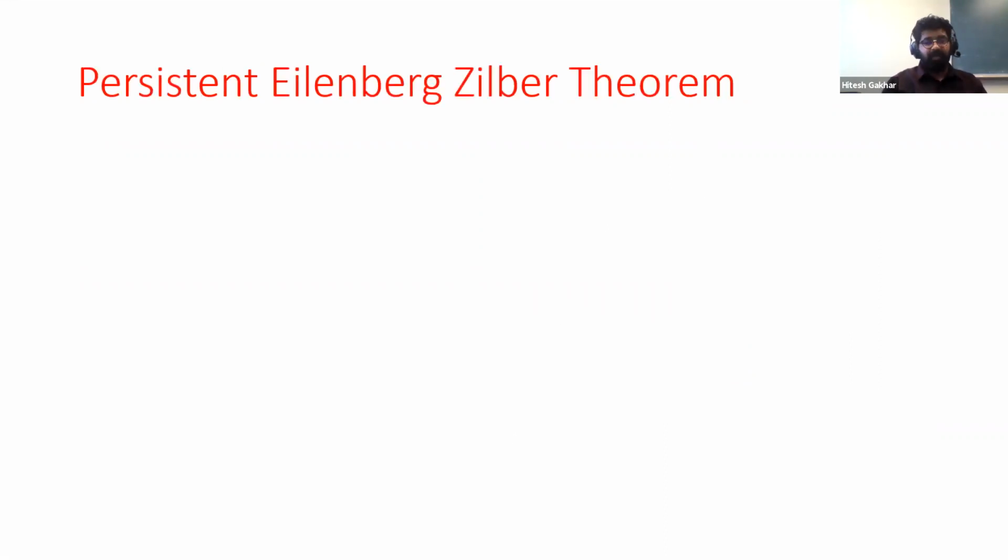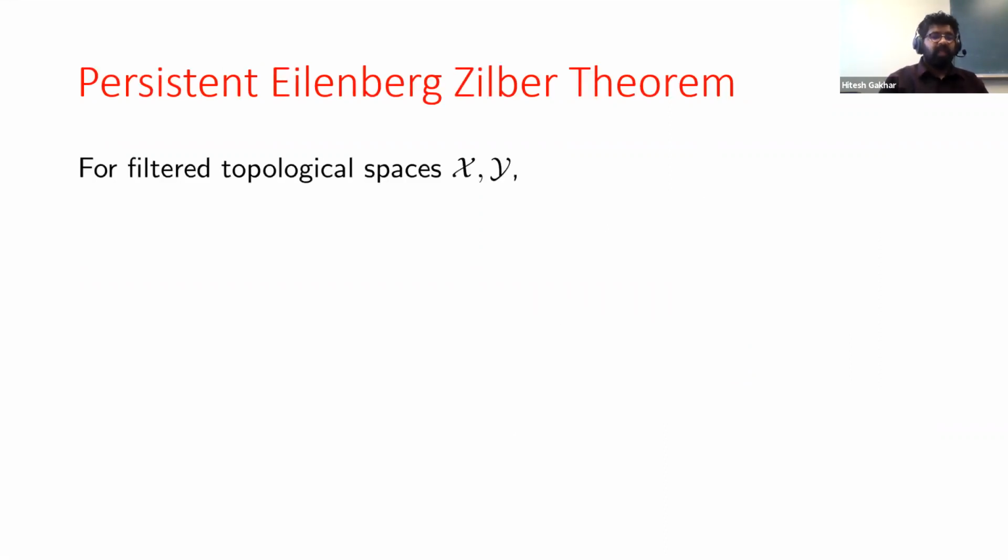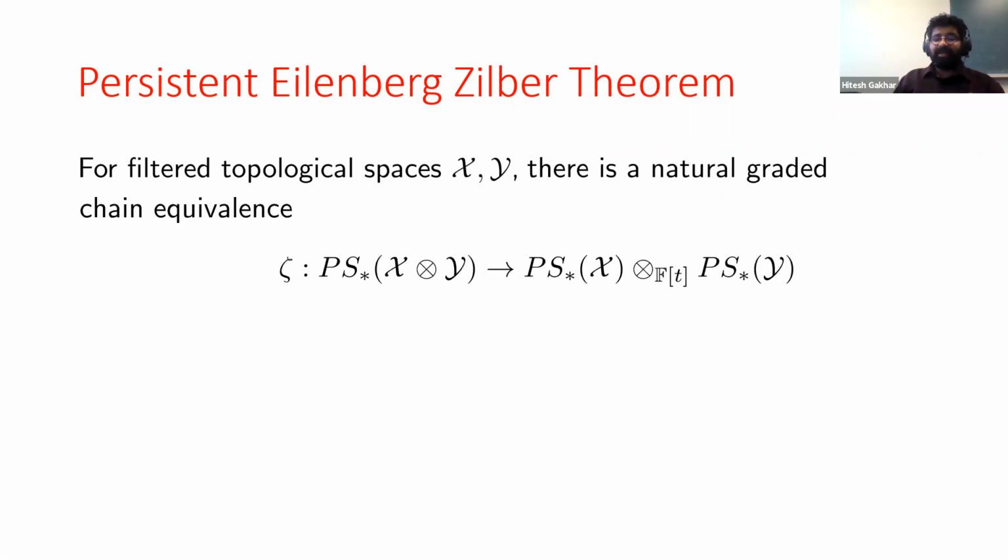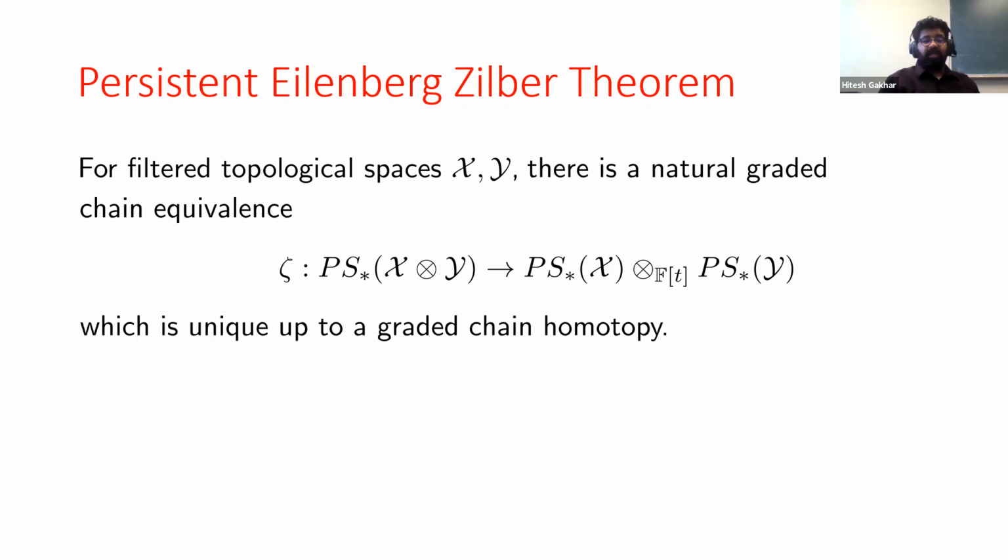We wrote an Eilenberg-Zilber theorem for persistence that essentially says that if we have two filtered topological spaces X and Y, then there is a natural graded chain equivalence between the persistent chain complex of X tensor Y and the graded tensor product of their individual persistent chain complexes, and it's unique up to a graded chain homotopy.